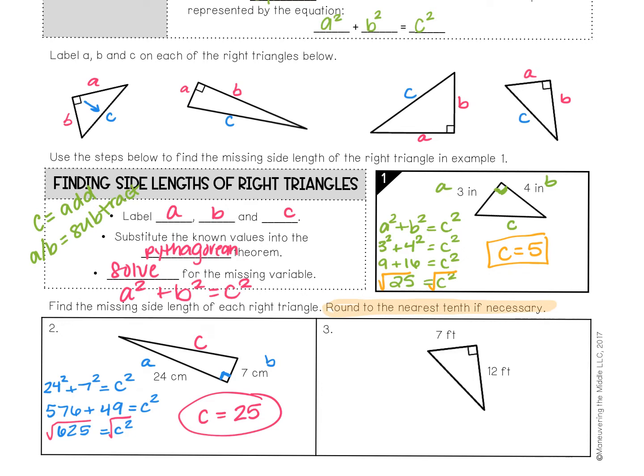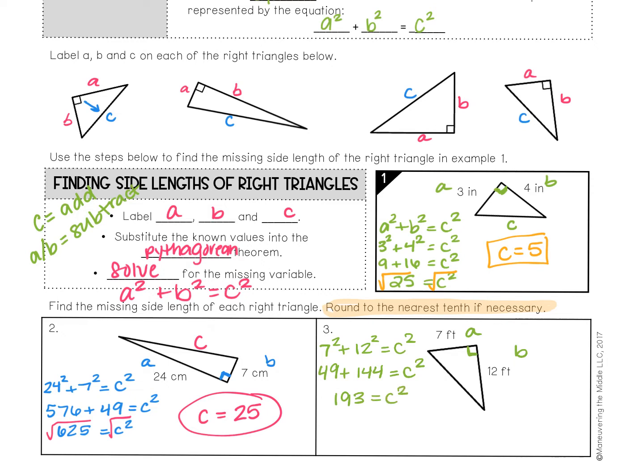Now looking at example 3, again, these two sides come together to form the right angle. They touch the right angle, so I know they're A and B. So A squared plus B squared equals C squared. So 7 squared plus 12 squared has to equal C squared. So that's 49 plus 144 equals C squared. When I find the sum of the squares of A and B, or 49 plus 144, that's 193.